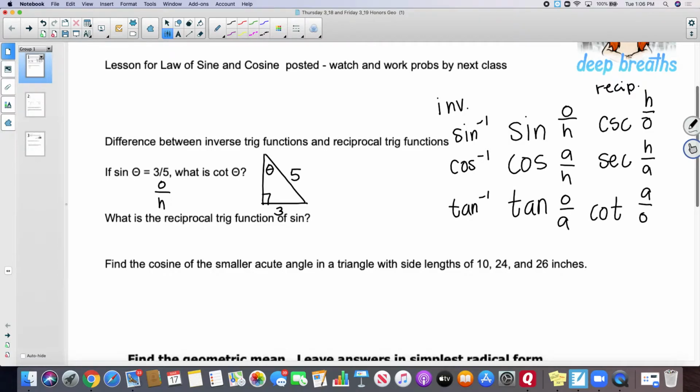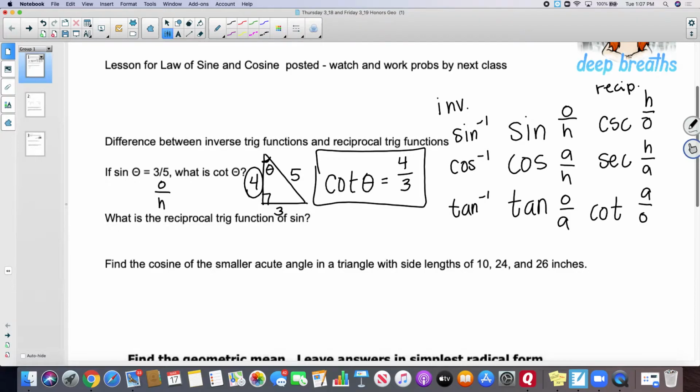Well, cotangent is adjacent over opposite, and I have my theta right here, but I don't have my adjacent, so I have to find that. On this one, we know it's a 3, 4, 5 triangle. But if you don't know what it is, you do the Pythagorean theorem to get this number right here. And so cotangent theta is equal to adjacent over opposite, and that would be your answer.